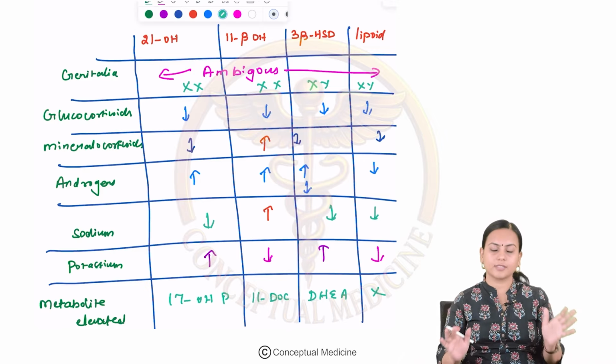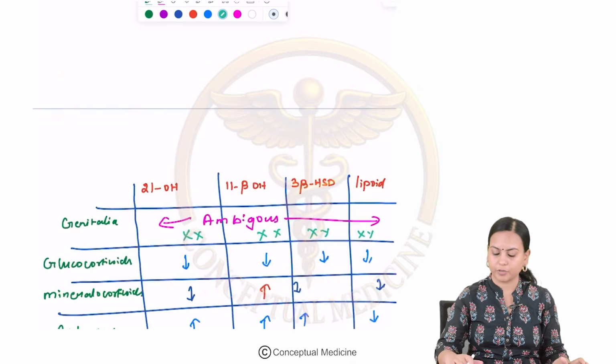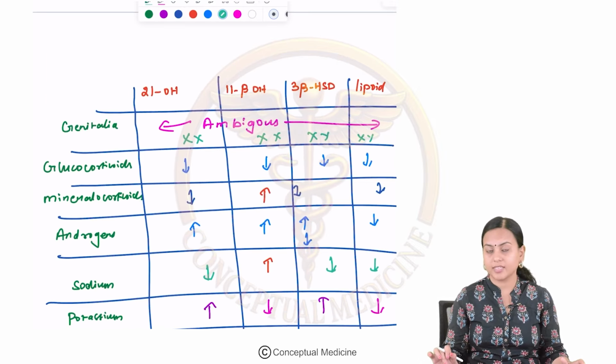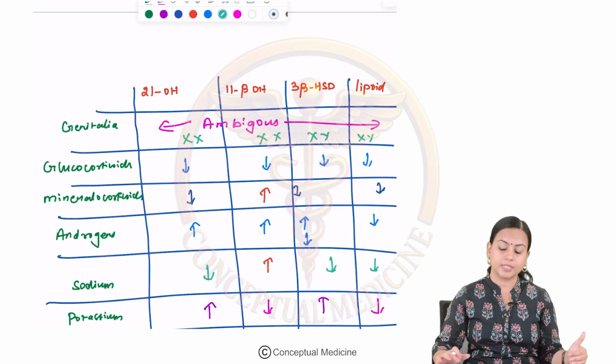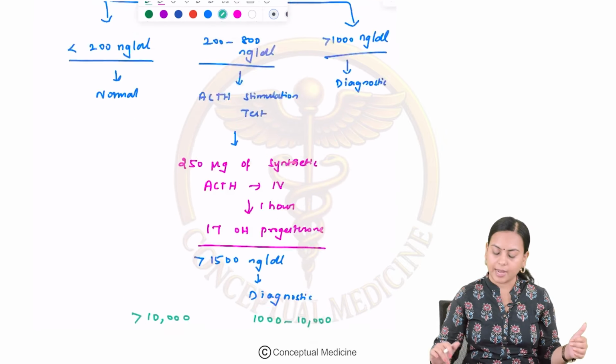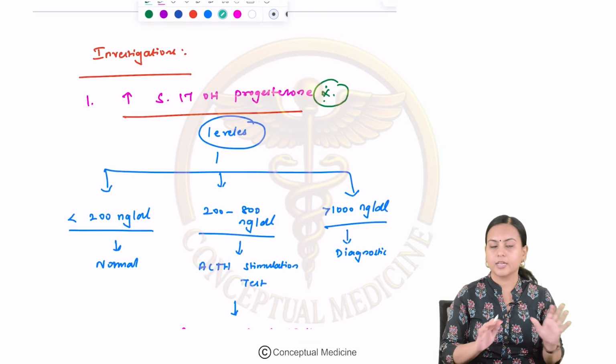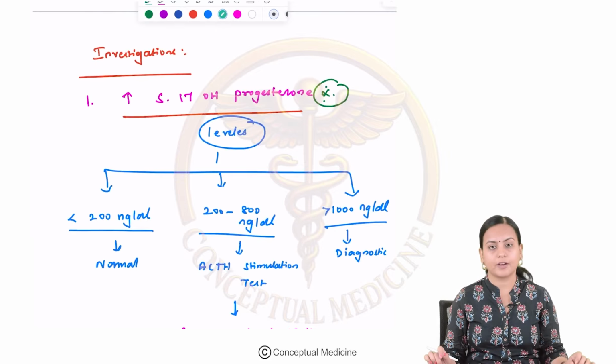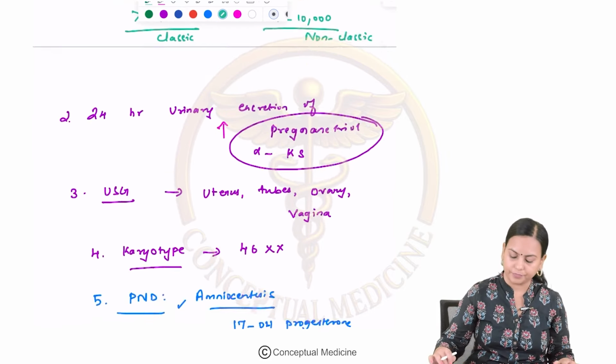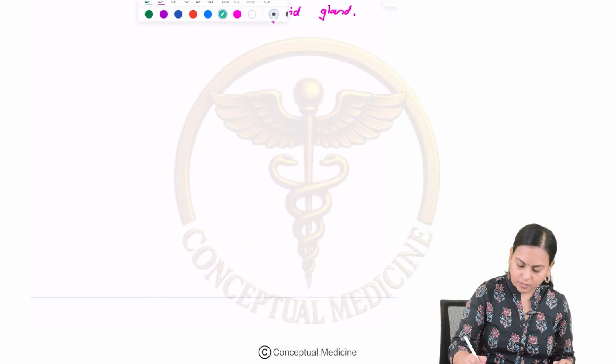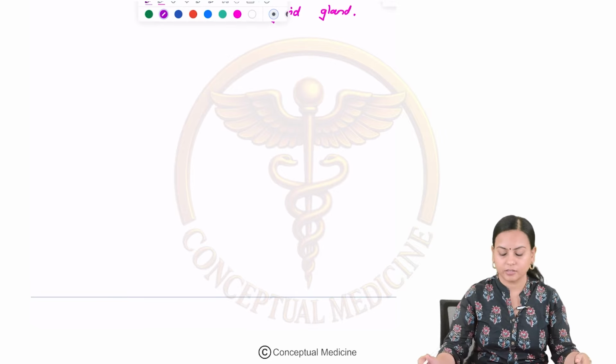Okay, so this is the table you have to remember. Since 21 hydroxylase is the major type of CAH, in the diagnosis I especially mentioned the investigation to do 17 hydroxyprogesterone. Clear? Right. Now let's discuss how will you manage this condition.